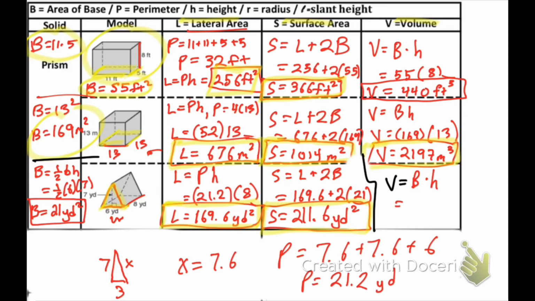Well, the area of the base is 21, the height is 8, so that gives me a volume of 168 yards cubed. Don't forget units cubed for volume. So that's how you calculate the volume, lateral area, and surface area of those three three-dimensional shapes.